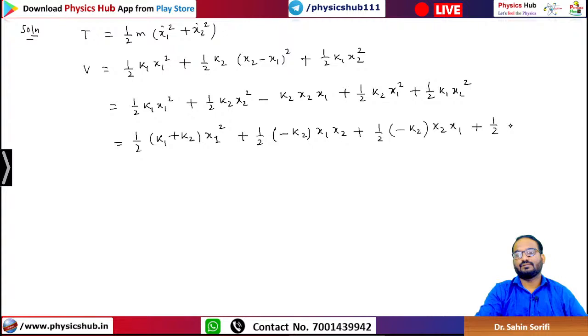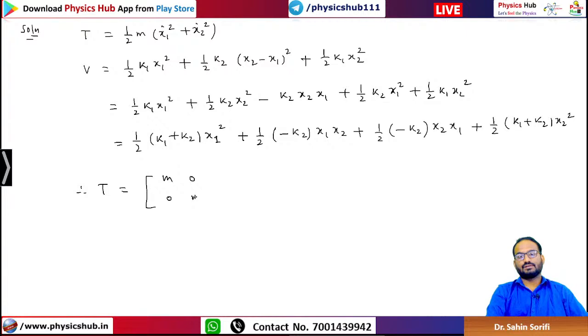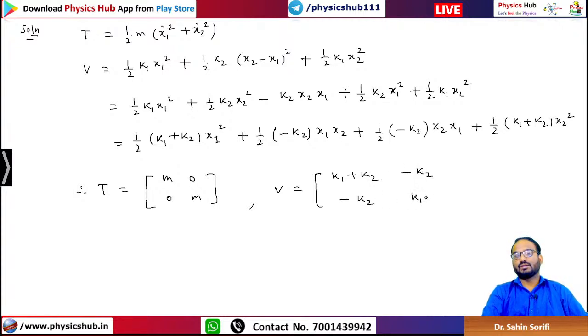Plus half times k1 plus k2 x2 square. So T is equal to, just write it, m 0 0 m. What about V? It is k1 plus k2, minus k2, minus k2, k1 plus k2.